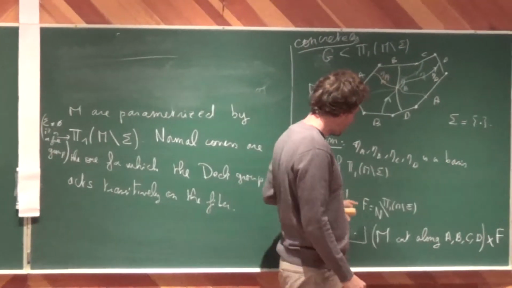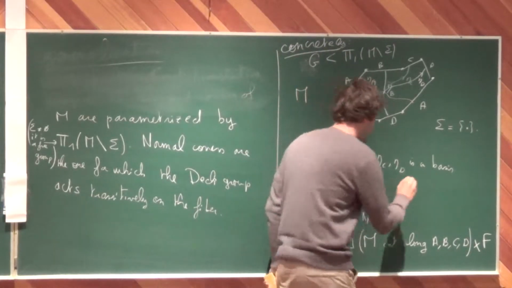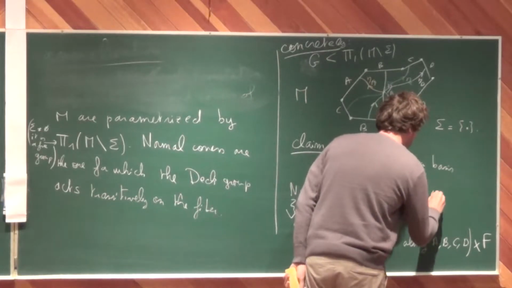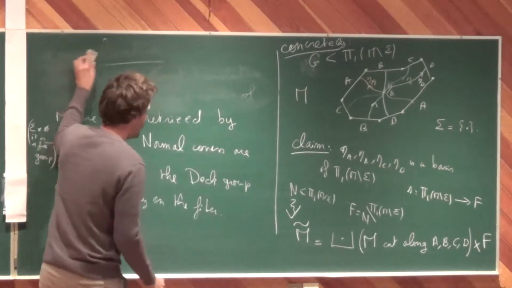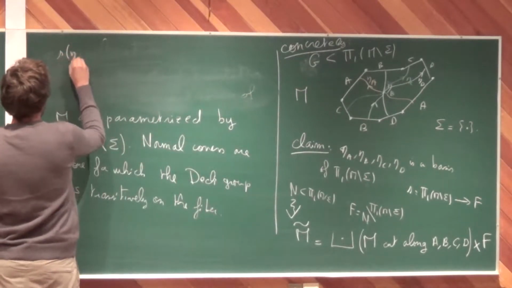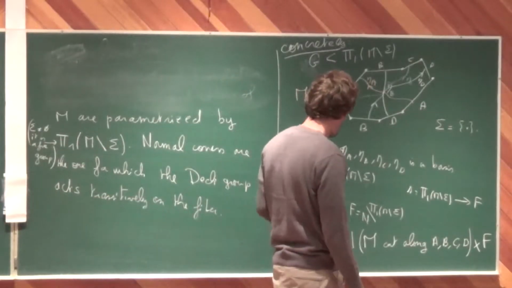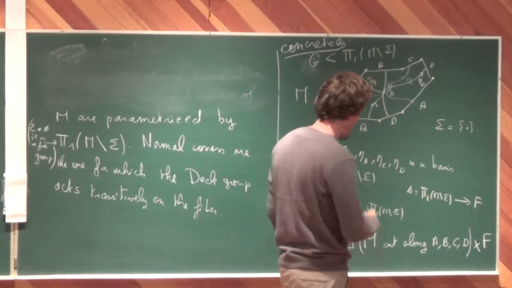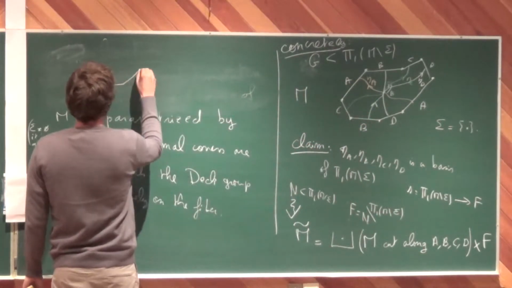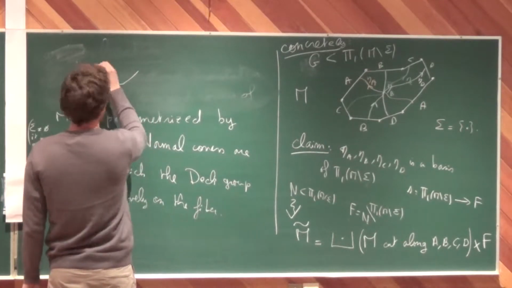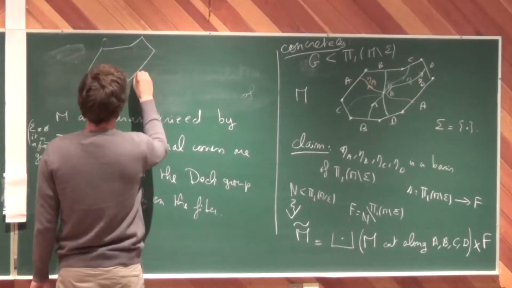Now you have nice generators. The generators, you can push them into F. So you can consider the map from the fundamental group to F, which is the projection. Moreover, you have multiplication by these elements on the fiber on the right. And this is how you glue back the surface. So imagine that I have C, A, B, C, D, A, approximately.